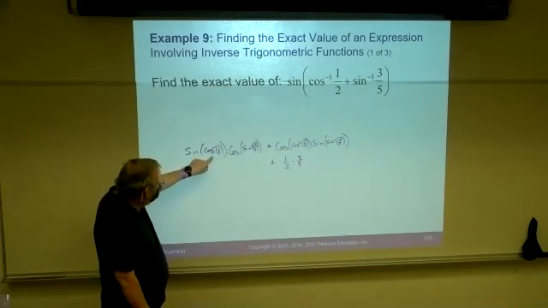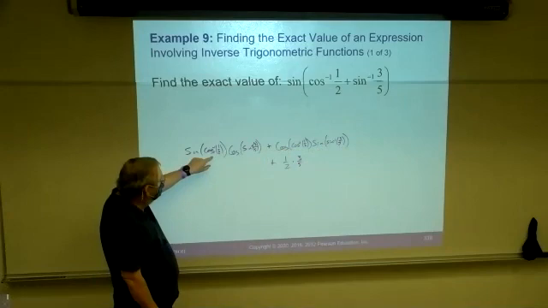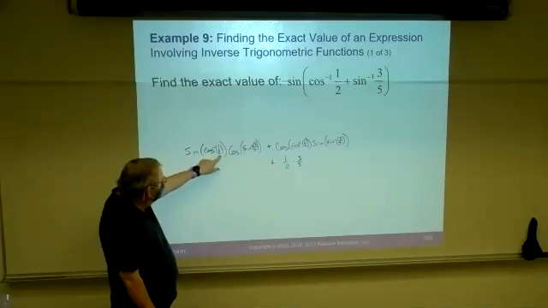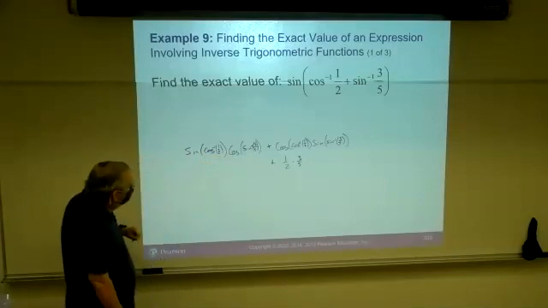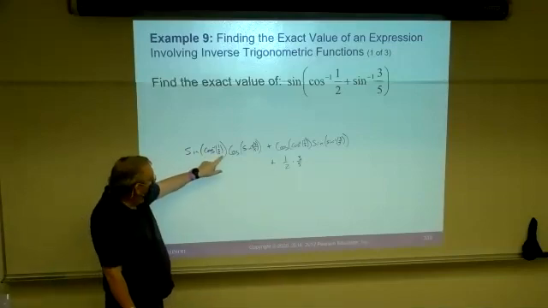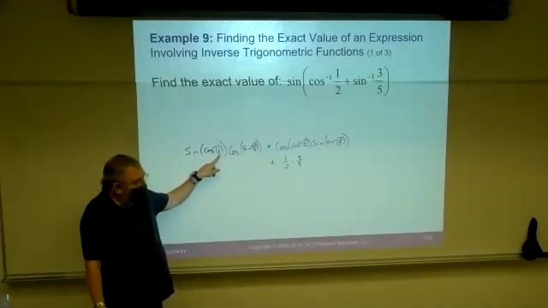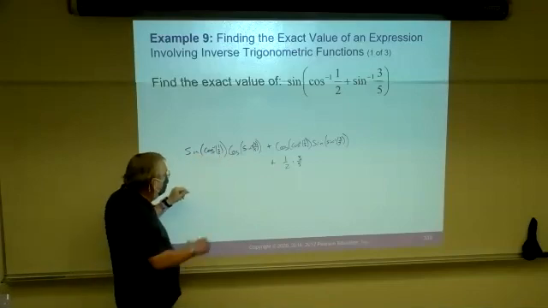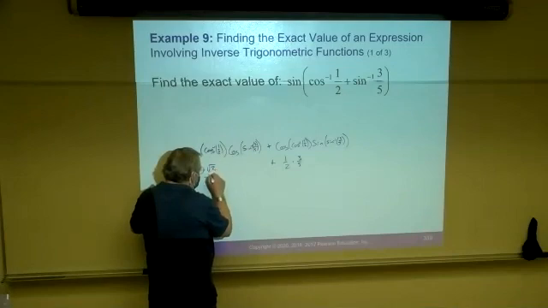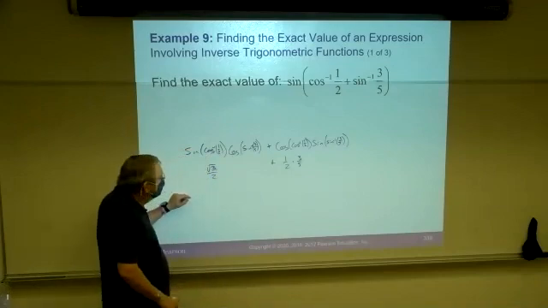Cosine inverse of 1/2. I'm wondering how they're going to do it, because I know the angle that gives me the cosine of 1/2 is pi over 3. And sine of pi over 3 is square root of 3 over 2.